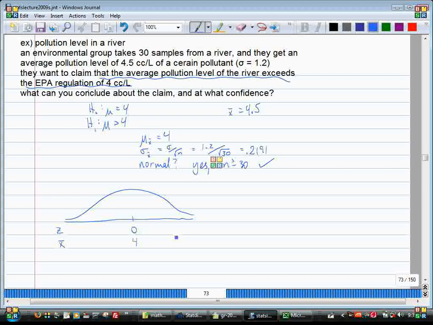And now what do we need to do on the picture? Shade where? Shade to the right of what? Of 4.5.